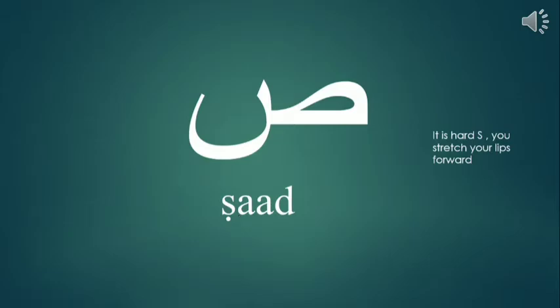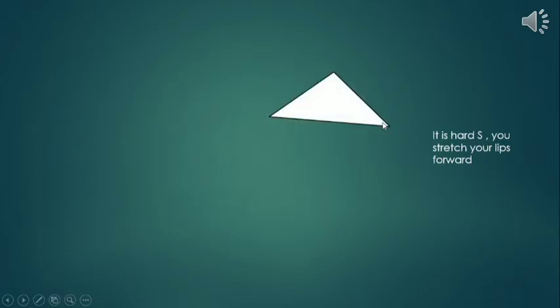Yeah, it looks like the S in English, but you make it a little bit hard, and you stretch your lips forward to make it right way, like sad, sad, like that, sad. You can imagine a triangle like this, and there is a tail come out of it like this.